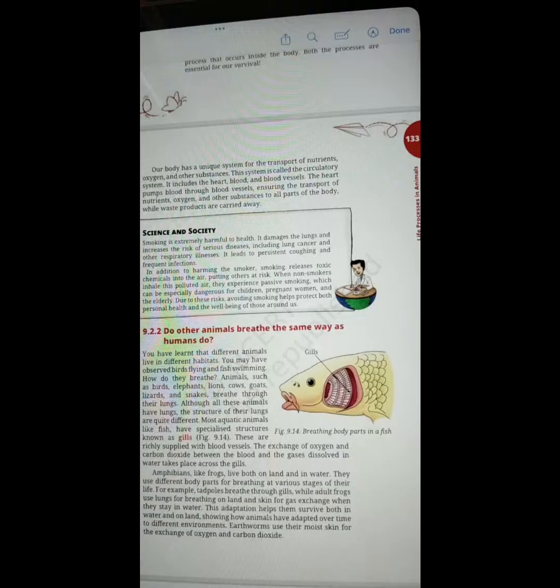When non smokers inhale this polluted air, they experience passive smoking, which can be especially dangerous for children, pregnant women, and the elderly due to these risks. Avoiding smoking helps protect our basic health and the well being of those around us.